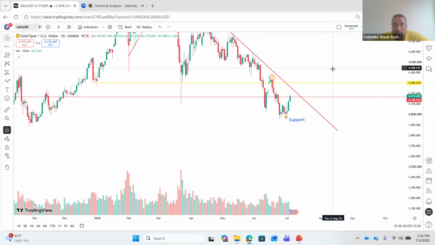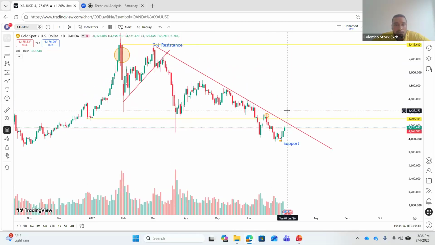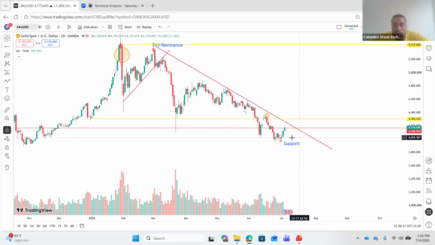4,300. Anyway, the trend is down. We have to assume the trend is still down for the upside breakout. Only if we can close above this level with high volume can we say the price could go up further.